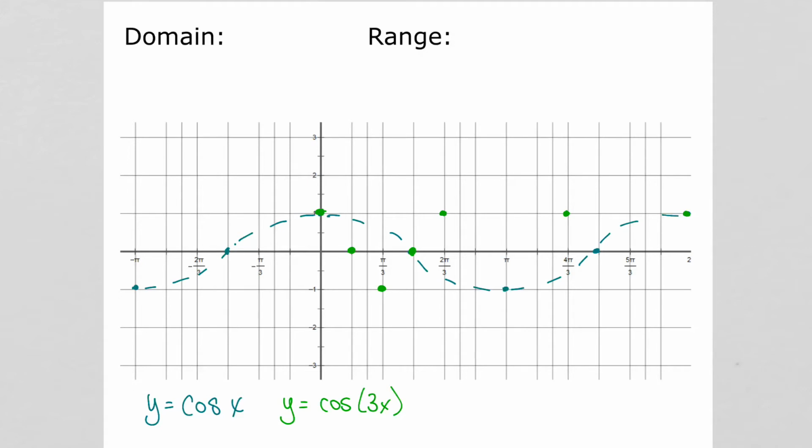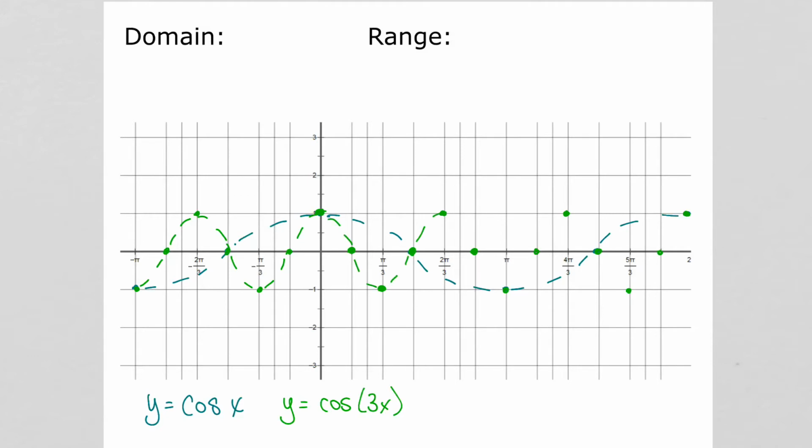And so we just repeat that pattern. And we can go in the other direction too. So that cosine of 3x looks like this.